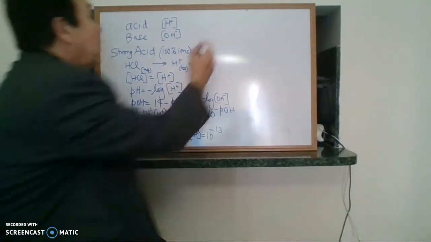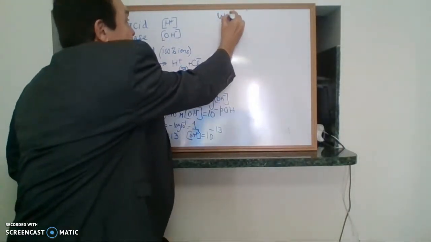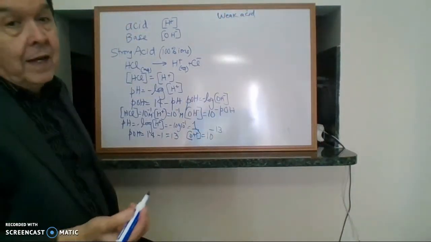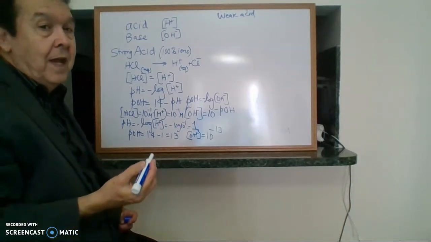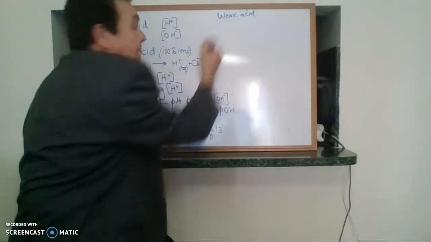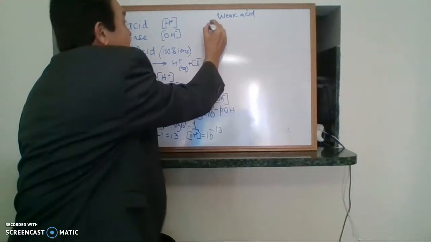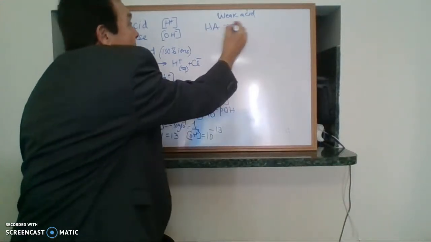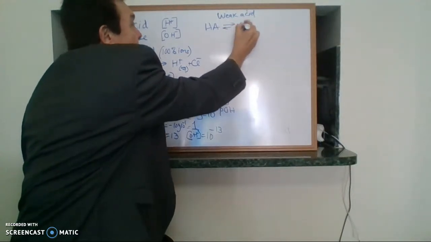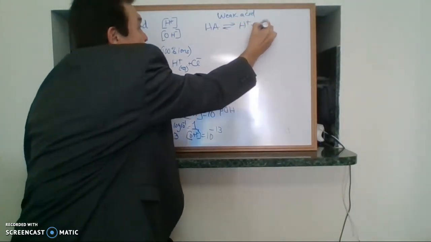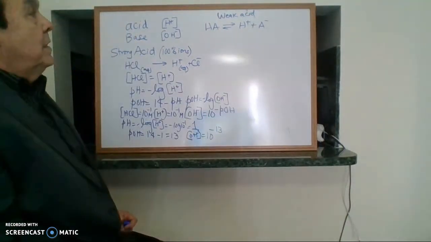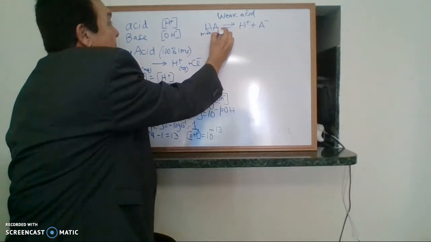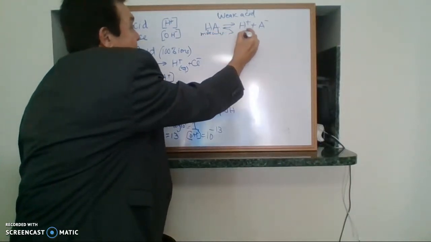But if we are in front of a weak acid, the weak acid, as weak electrolytes, is not completely ionized. Then it is partially ionized. For example, a general acid that is at equilibrium with ions, we have more molecules and fewer ions.